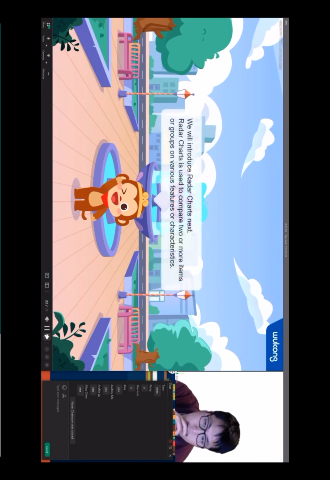And now, guys, here comes the radar chart. A radar chart is very good to compare 2 or more items in groups of various features or characteristics. Have a look at this one, guys. This table shows the scores of various skills of a contestant.